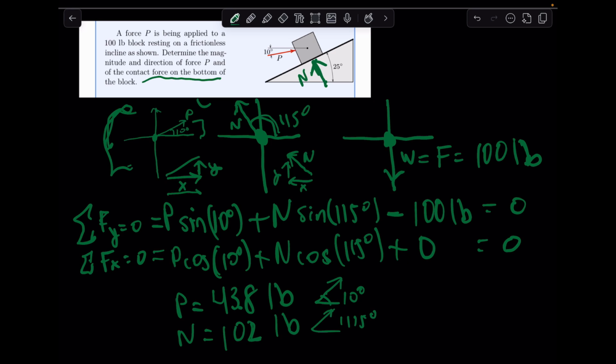So when you have this force, 100 pounds acting on the block because of gravity, because we're on Earth, these are the reactions corresponding to this 100-pound block. We have the reaction of N, and then this external force P. So that's basically what the problem was asking us to do, and that's what we solved for in this problem.